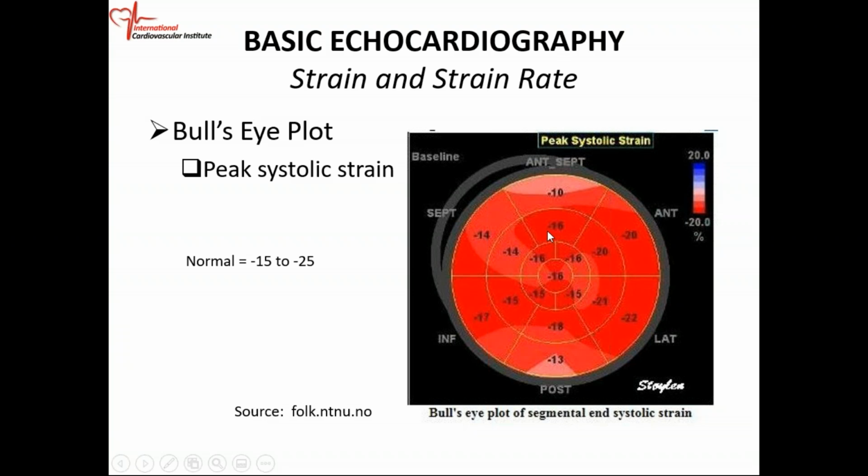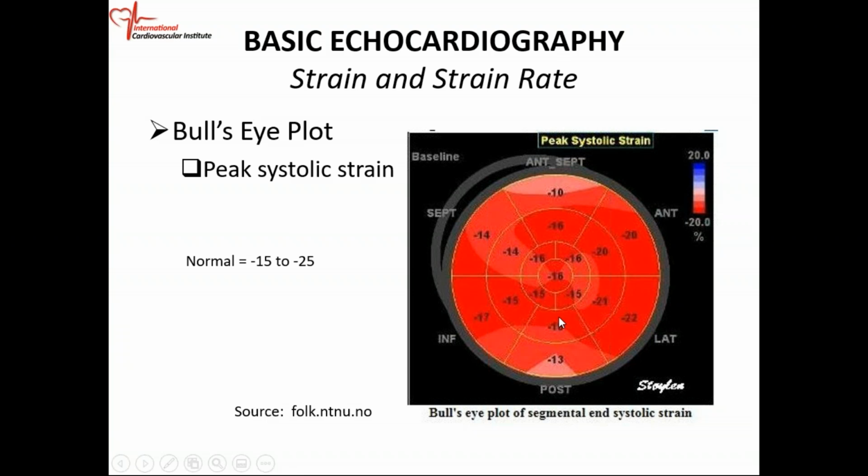And then when you get to the mid cavity level, this is minus 16, which, you know, it's red, so it's probably normal. The anterior lateral is minus 20, that's normal. But a little portion of it is pink, so you know that's abnormal. The inferior lateral wall minus 21, so most of it is normal, but there's a little pink area. And then the inferior wall minus 18, which is normal, but there's a little area which is abnormal because it's pink.